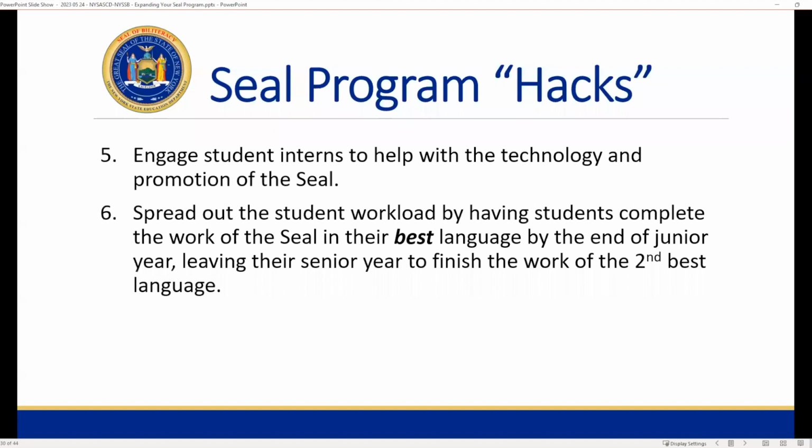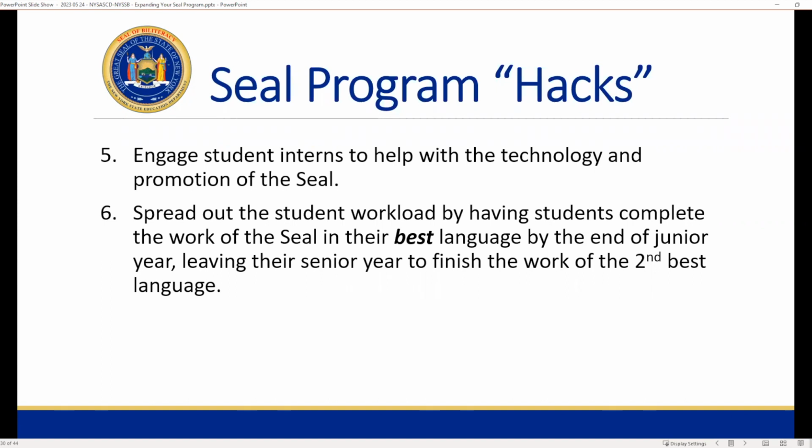You also want to think about how you can spread out that student workload. Students, as we know, often have that senioritis in this year. So how do you spread out the workload within their high school career to avoid that?